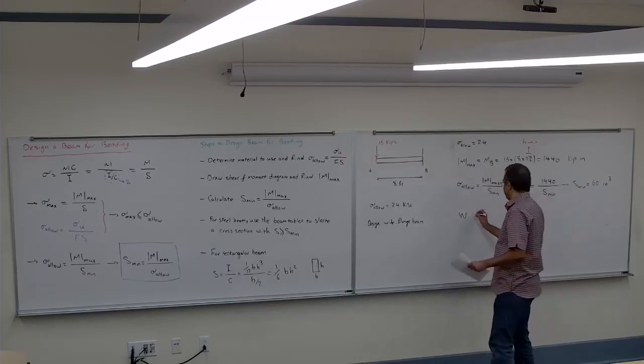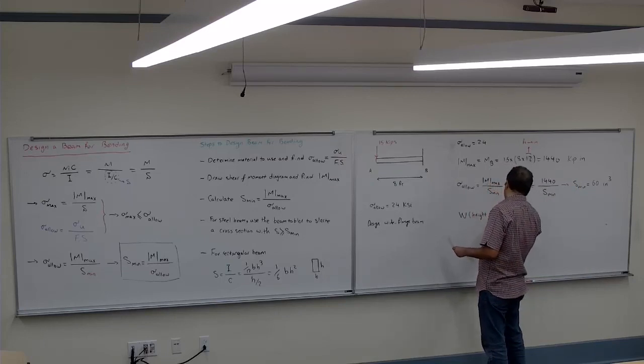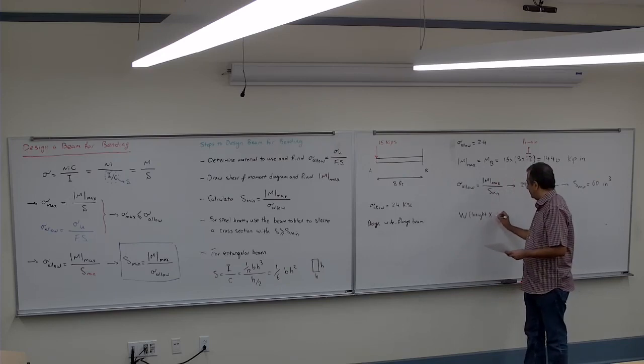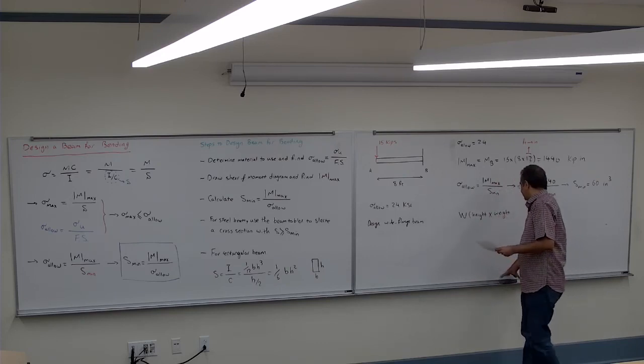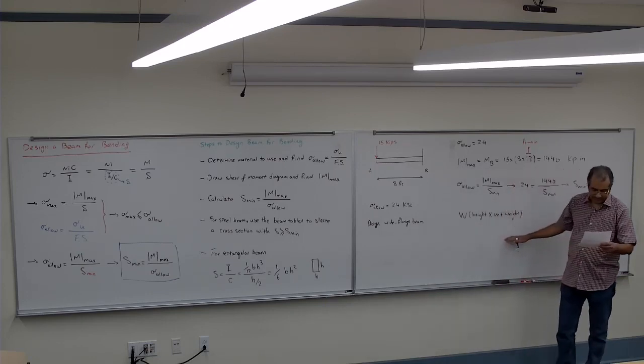And then it's going to be the height, multiplied by the weight, the unit weight, I would say. So it's usually written like that.